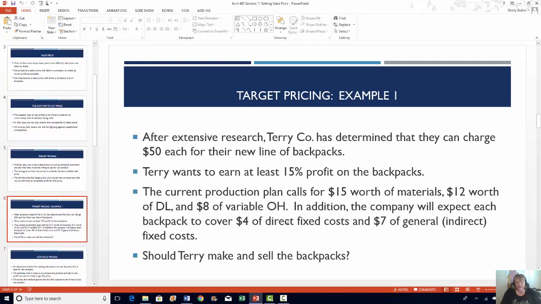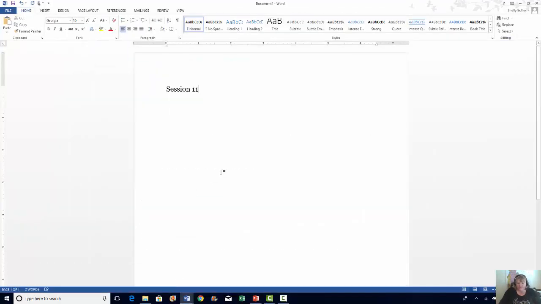So here's our target pricing example 1. After extensive research, Terry Company has determined that they can charge $50 each for their new line of backpacks. So I'm going to bring up our overhead for session 11, and I haven't started anything. We're going to do our target pricing.